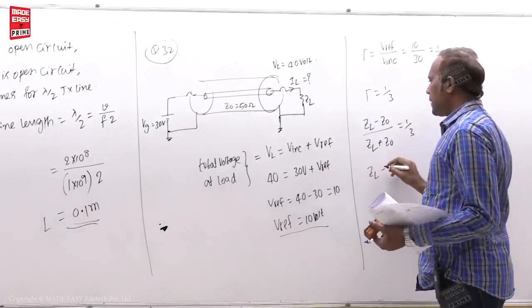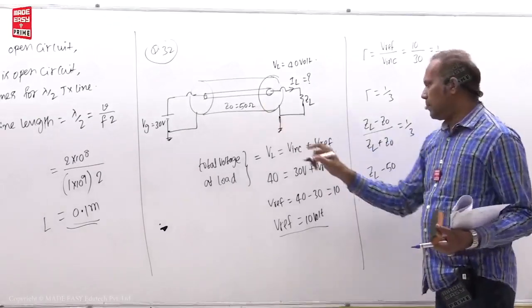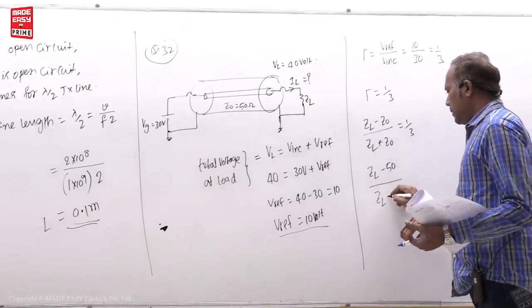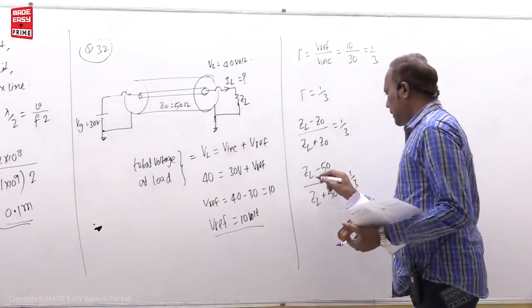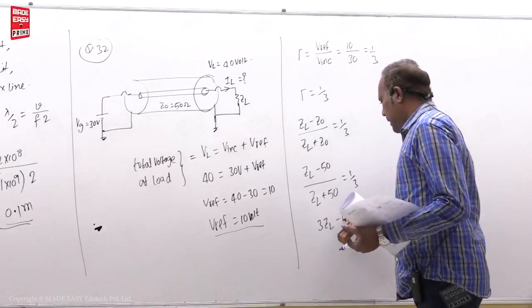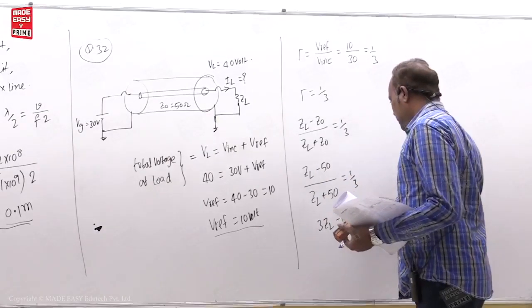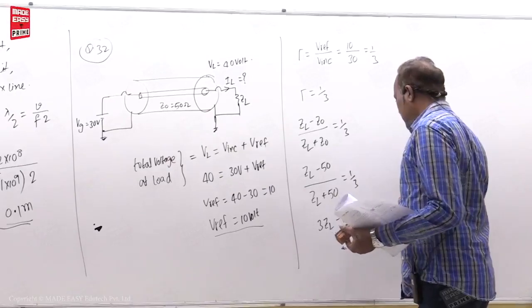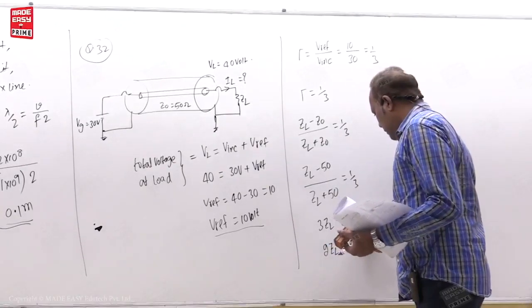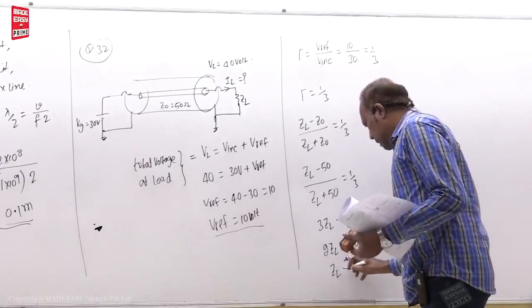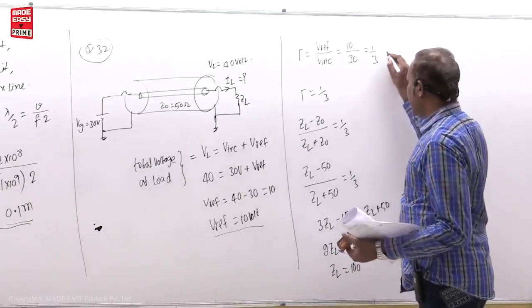So (ZL minus 50) divided by (ZL plus 50) is equal to 1 by 3. So 3 times ZL minus 150 is equal to ZL plus 50. So 2 times ZL is equal to 200. ZL is equal to 100.